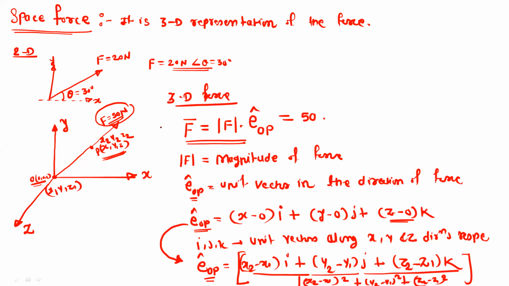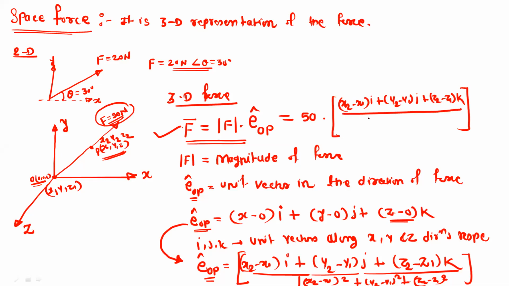Okay. So if you put the value in this equation, we will get 50 into the unit vector. So this is x2 minus x1 into unit vector i plus y2 minus y1 into unit vector j plus z2 minus z1 into unit vector k, and divided by the mod of this complete vector.